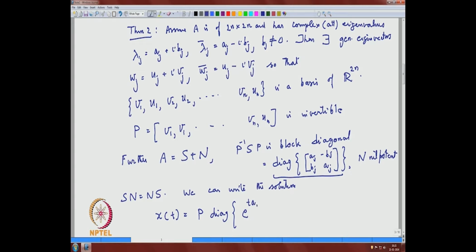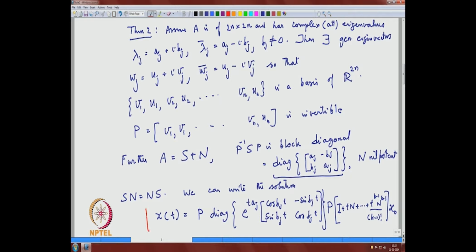We have already done it for each block: cos bjt, minus sin bjt, sin bjt, cos bjt along the diagonal, times P inverse, and then e to the power tN, which is I plus tN plus and so on, up to t to the k minus 1, N to the k minus 1 over k minus 1 factorial, applied to x naught. So you have the complete solution.